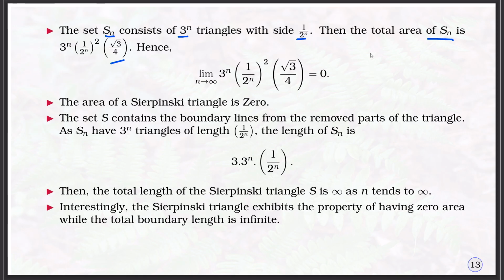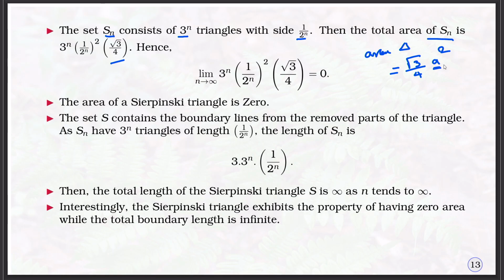The area of an equilateral triangle is root 3 by 4 a power 2, where a is the side length of the triangle.